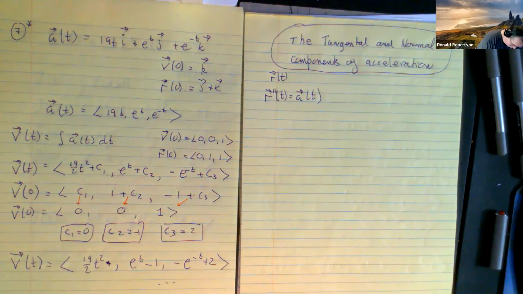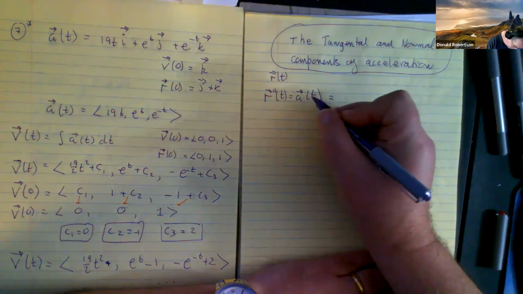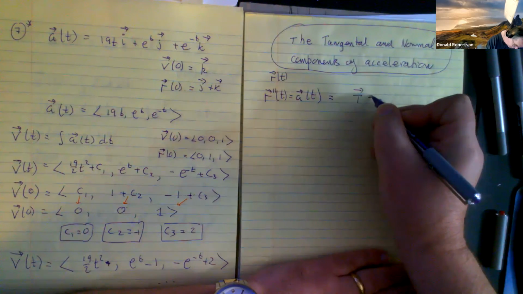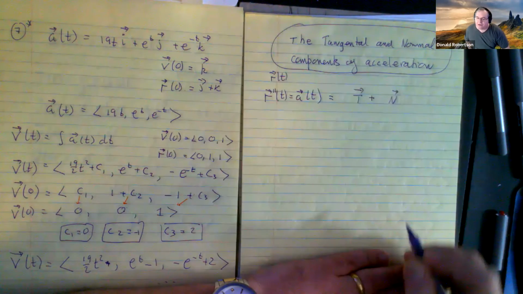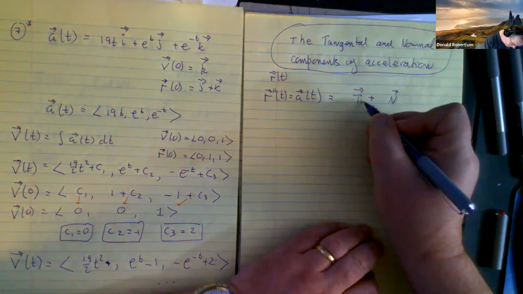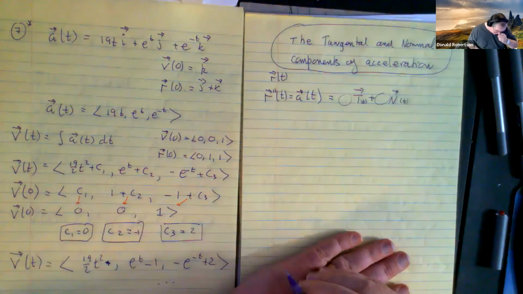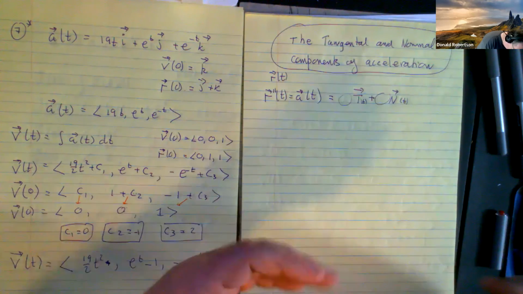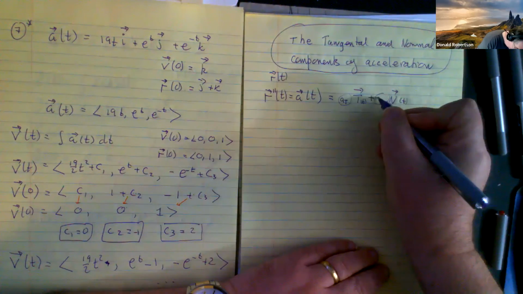A fascinating property is that the acceleration vector is always a linear combination of the unit tangent vector and the unit normal vector. And that's a number, and that's a number. Well, it depends on the vector position, right? And this guy is called a little t, and this guy is called a little n.